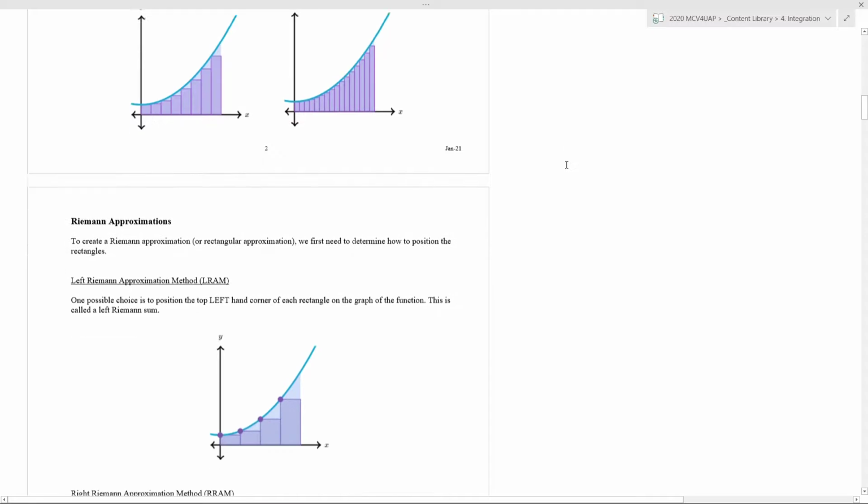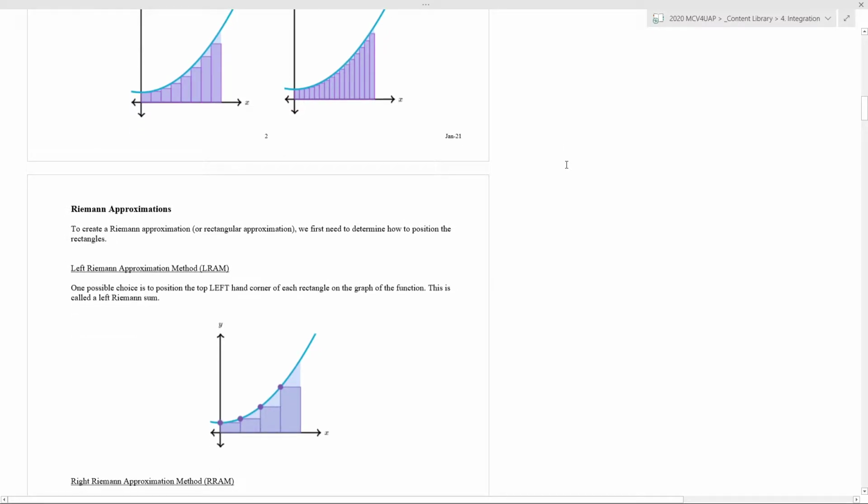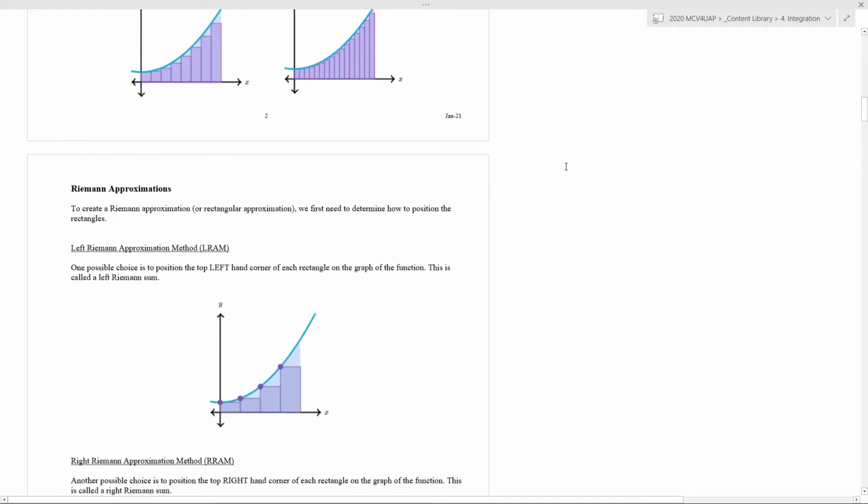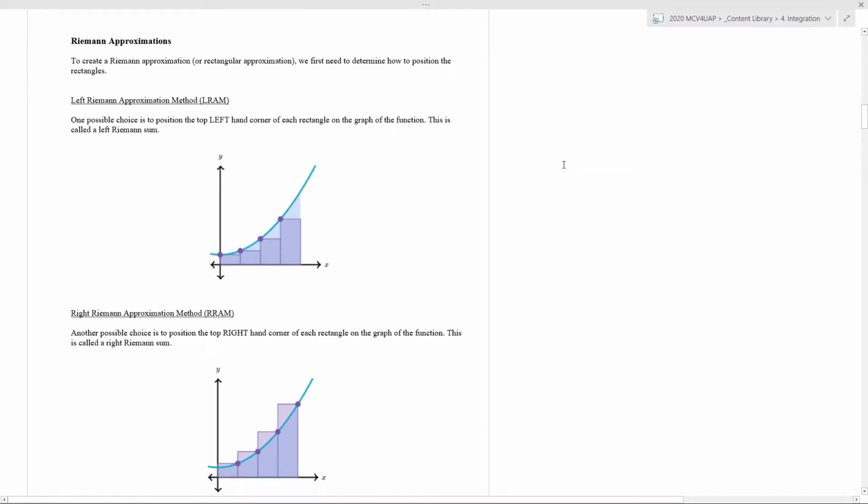The problem is we need to determine how to position or where to put these rectangles. Riemann approximations are often called rectangular approximations. If you hear them, those are interchangeable.